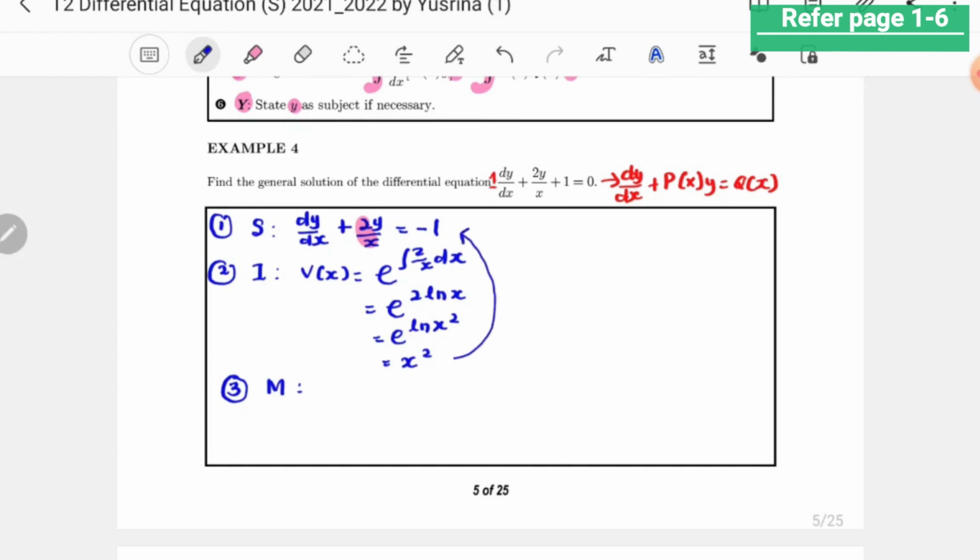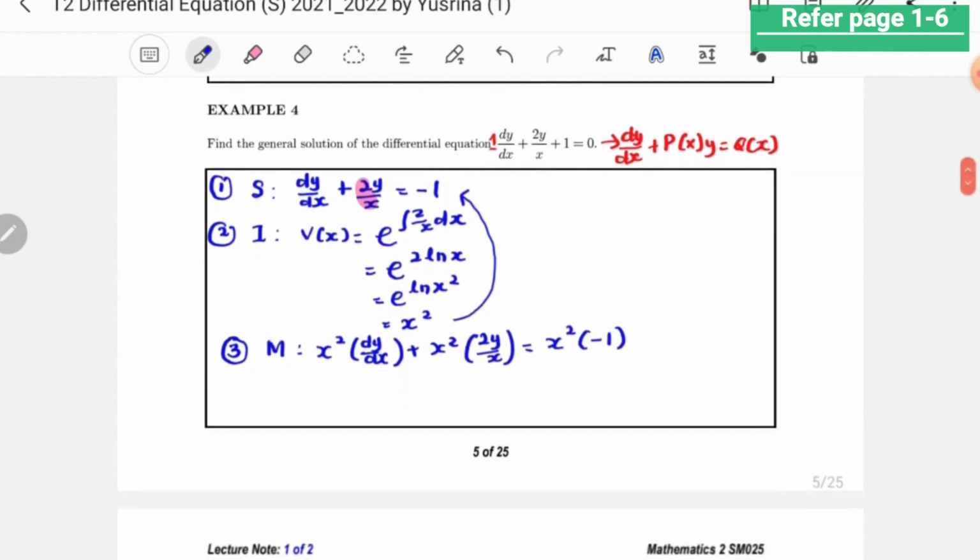You just multiply x² by dy/dx, plus x² multiplied by 2y over x, equals x² multiplied by -1. So this one is the third step. And then step number 4 is P.